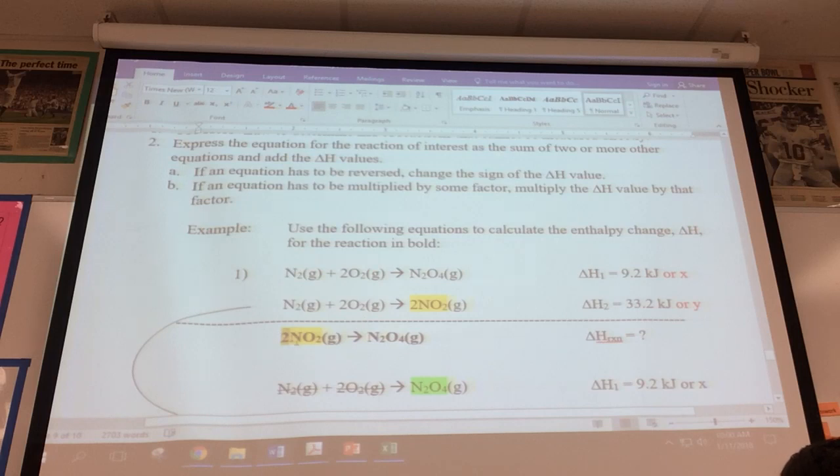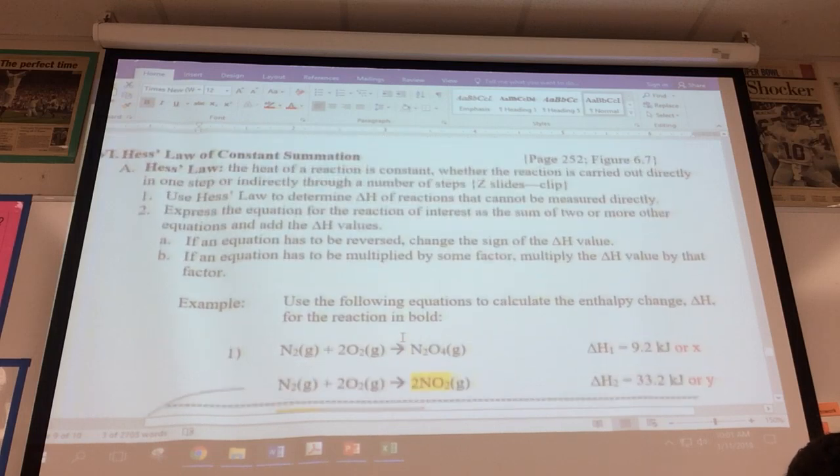If we want to calculate the delta H of this reaction here, if we have a series of reactions that when summed together equal the net reaction, we can sum their delta H's to get the delta H of this reaction. You would do this if you didn't have the delta H's of formation of each one. Not a difficult concept, just be very meticulous.